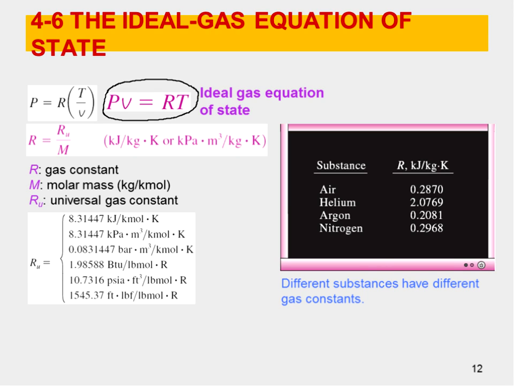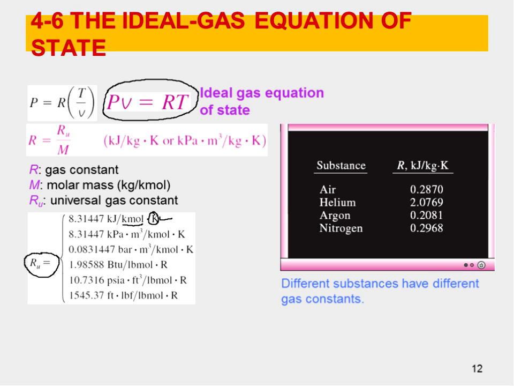So you need to be very careful about what the units are for the ideal gas constant, because that will tell you what expression you will use. So if I have, for example, this expression here with kilojoules, it will also tell you what units you should use for the temperature, of course, for the mass, and then for pressure times volume.